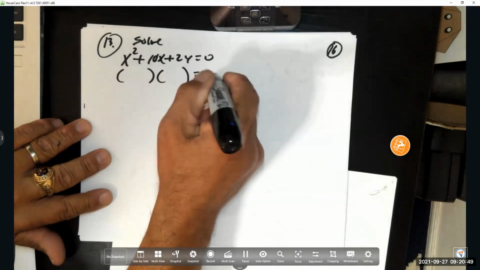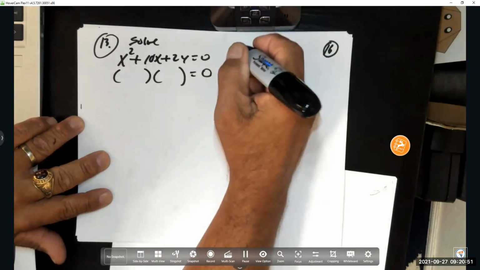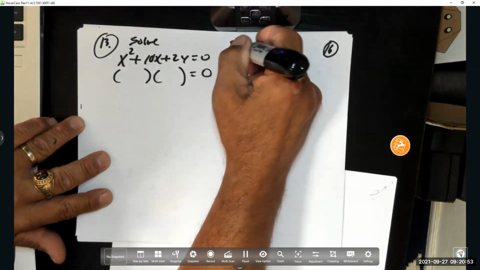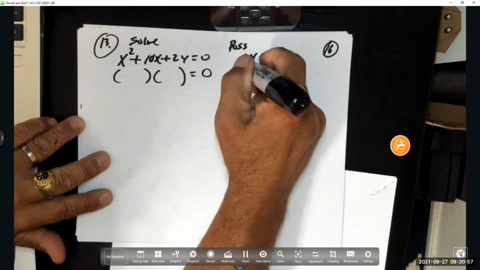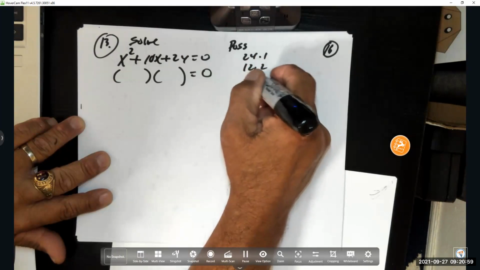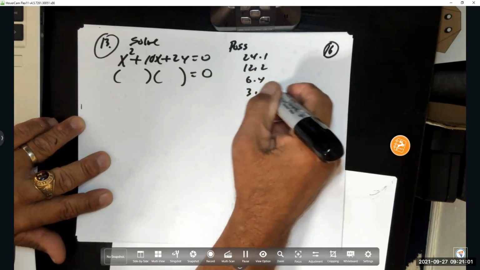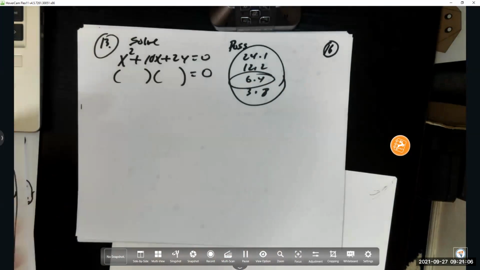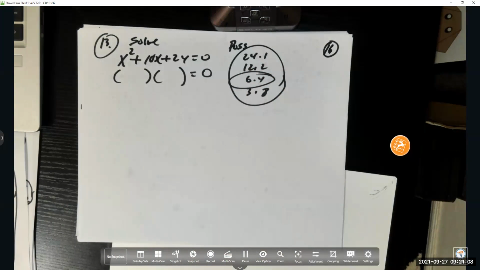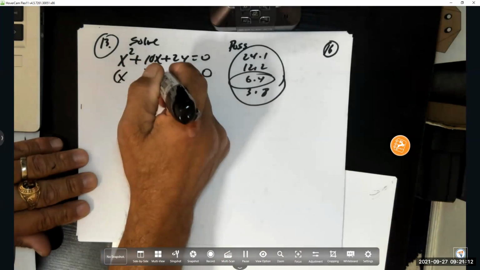All right. So I know from week number 1, 2, that the possible numbers are, let's see, 24 times 1, 12 times 2, 6 times 4, and 3 times 8. All these numbers are 24, right? But the 6 and 4, does that give you a 10? Yes or no? Yes, sir. So I'm going to go with 6 and 4.